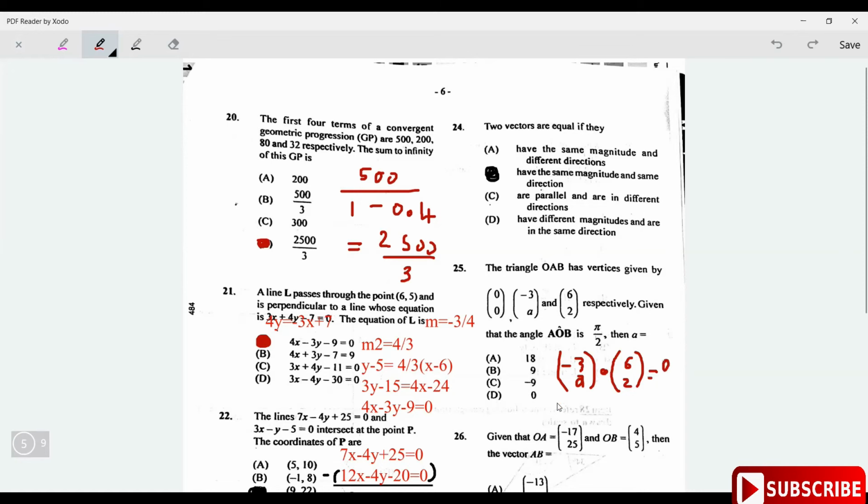If the dot product equals 0, then that means we'll have minus 18 plus 2a equal to 0. And so if that is the case, then 2a equals 18, and so a equals 9. That's what we get. a equals 9. Nice.